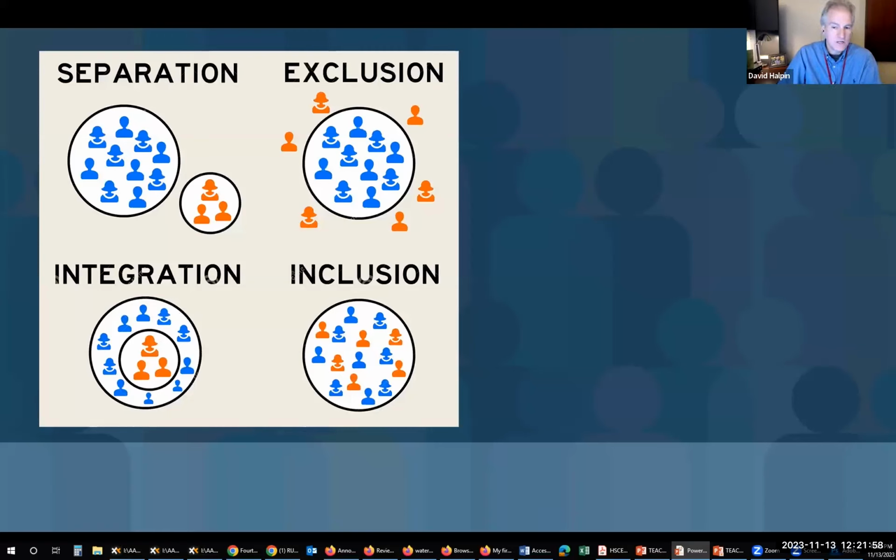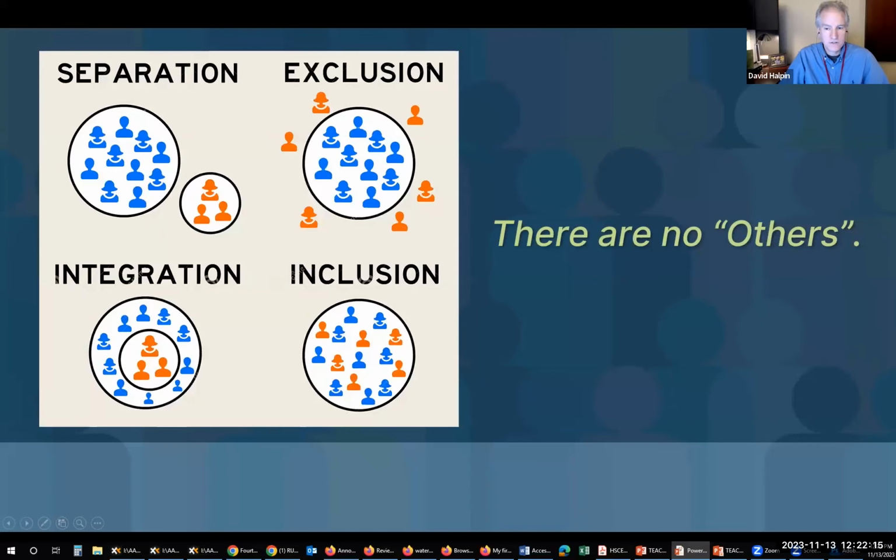And then we have integration. Well, they're in the bubble, but you're still leaving them out. And finally, inclusion, where you're making an active effort to include everyone. And when you do that, you find out that there are no others because you're all together on one team.